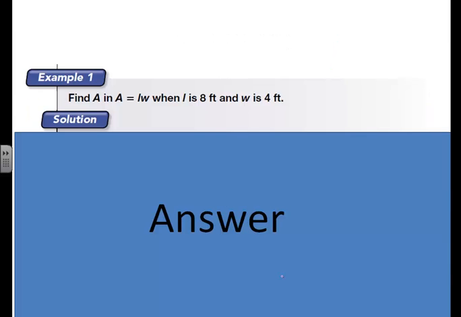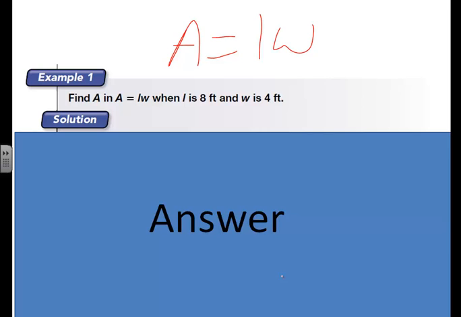So, find A in the problem. A equals length times width if the length is equal to 8 feet and the width is equal to 4. So we need to solve for A. The first thing we got to do is plug in our numbers.